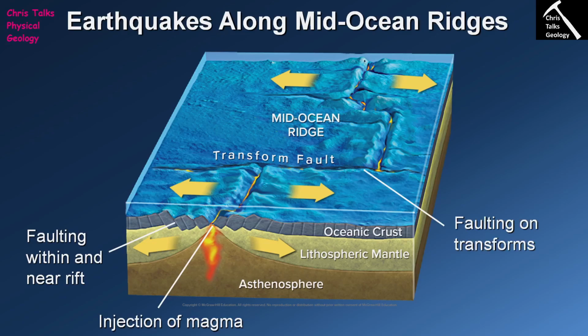Now we also have one more source of earthquake activity associated with divergent plate boundaries, and these are the transform faults that connect the segments of the divergent plate boundary. So we can see we have one segment here, one segment here, and one segment here. Now the reason that we have these segments is because different parts of the divergent plate boundary will be producing new oceanic crust at different rates.